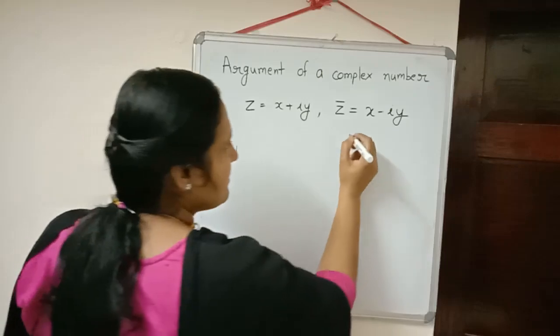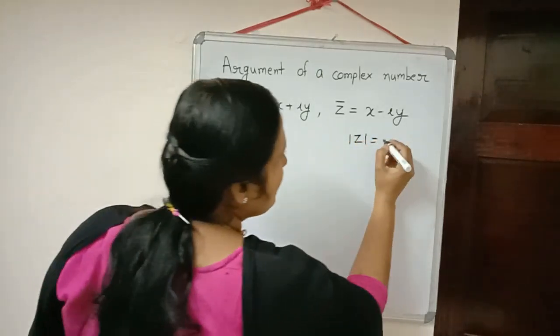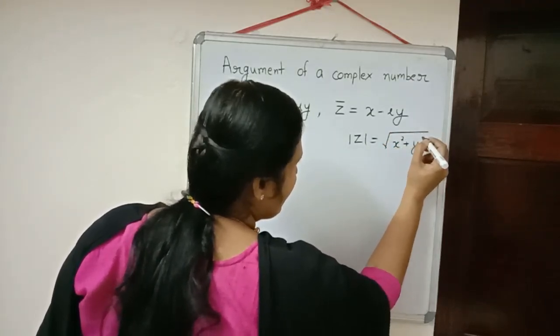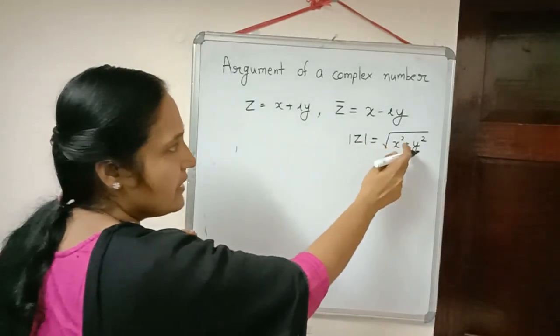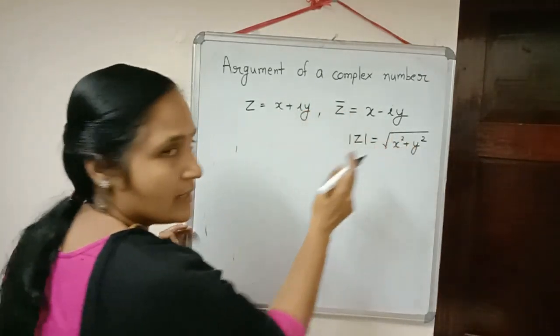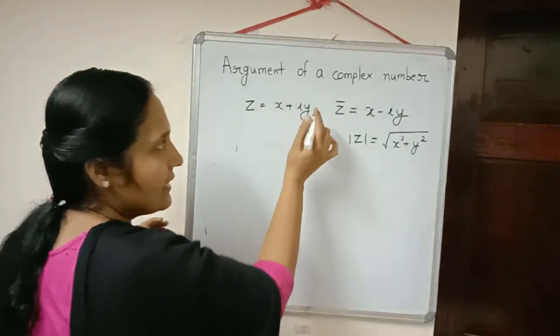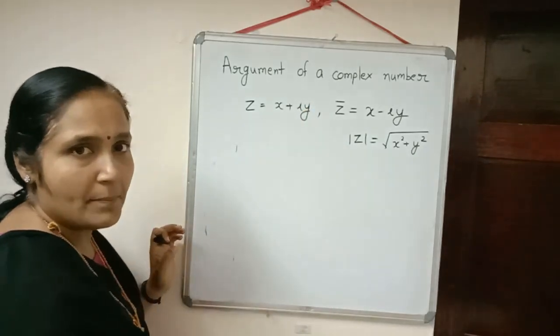Modulus of a complex number we calculate by mod z is equal to square root of x square plus y square. It means square root of the real part the whole square plus the imaginary part the whole square. While calculating the modulus, we will not write i. We will write the coefficient of i, only the imaginary part.